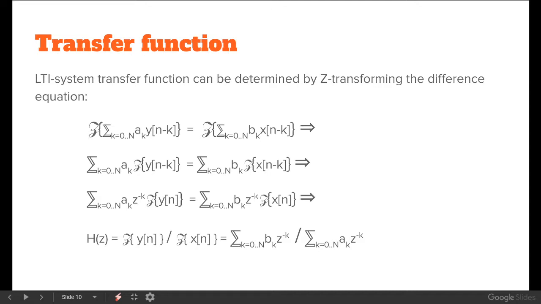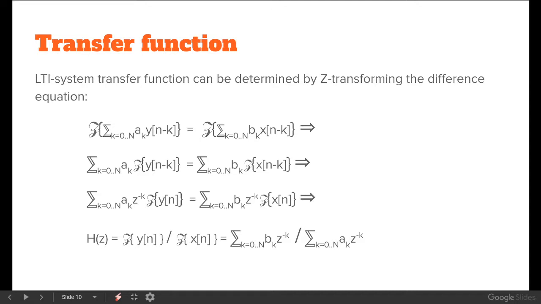Z transform both sides. It's still equal because we have a linear operation, right? Meaning that we have Z transform that one.